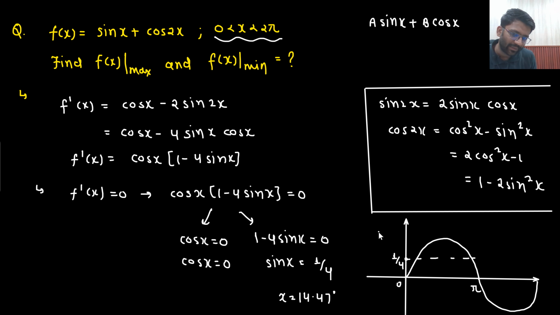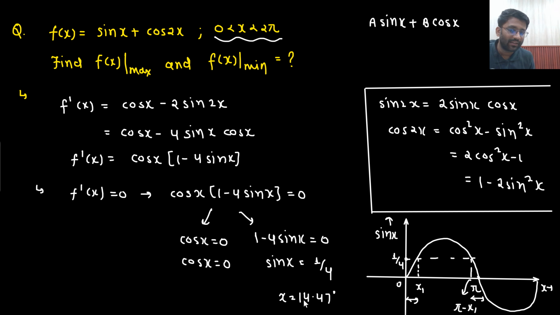This is the graph of sin x. When the value of sin x becomes 1 by 4, what is the value of x? Let's say this value of x is x1. Then this other value of x will be pi minus x1, because this distance and this distance would be the same. It is symmetric about pi by 2.